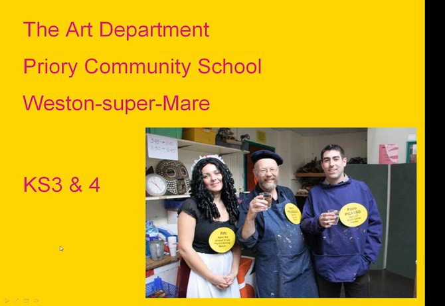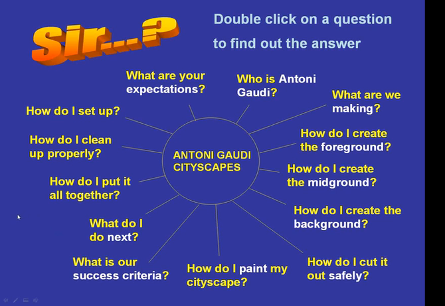The example I want to kick off with is an art example from a school in Weston-super-Mare, on the English coast. This is a project, I wouldn't call it an inquiry, that lasts half a term.